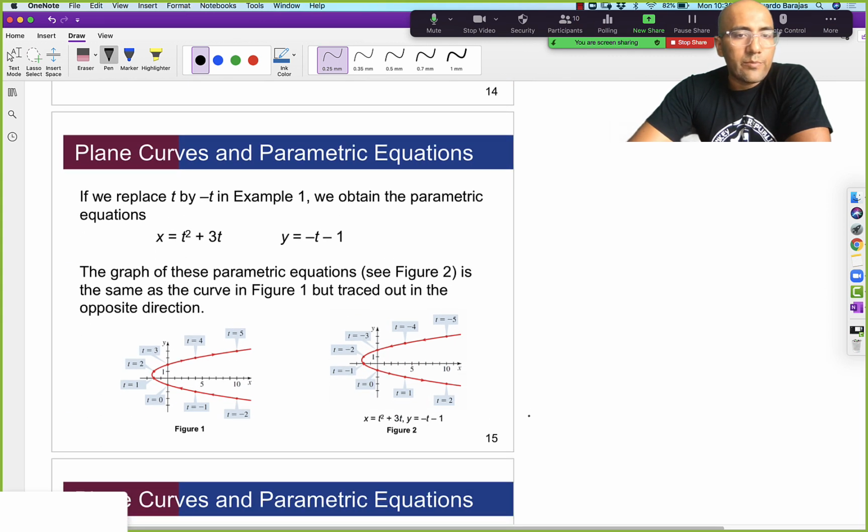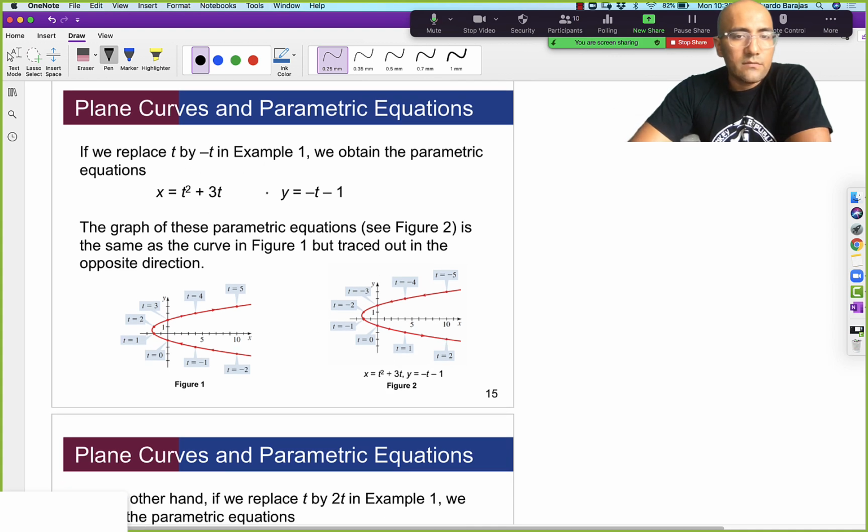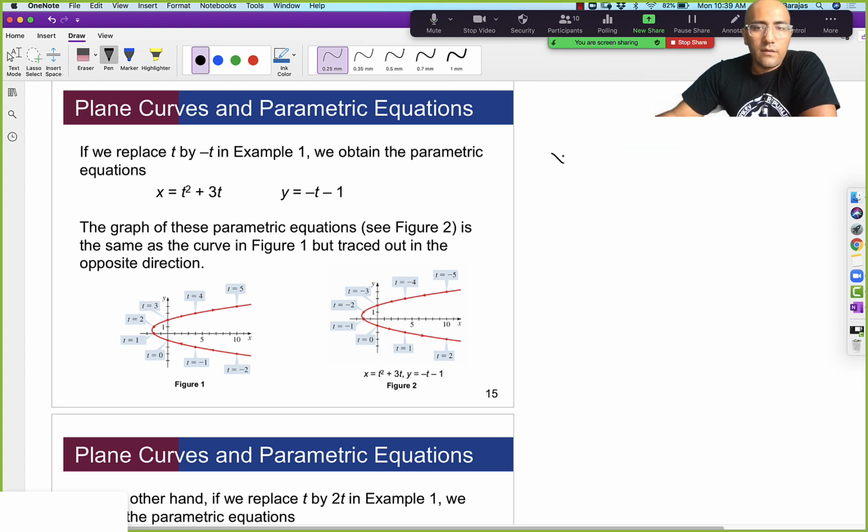If we replace t by -t in example 1, we obtain the parametric equations here and here, right? What were the original ones? The original ones were x equals t squared minus 3t and y equals t minus 1.